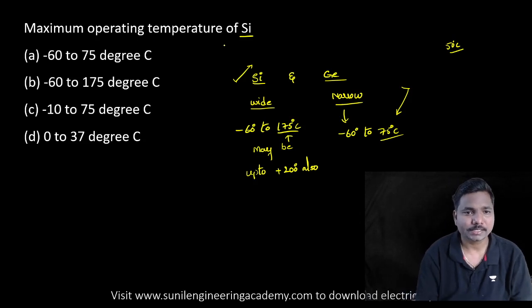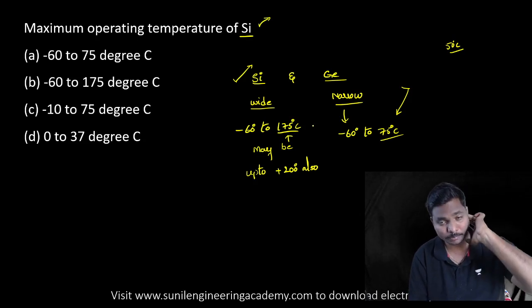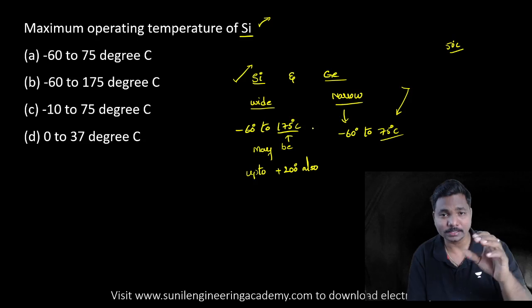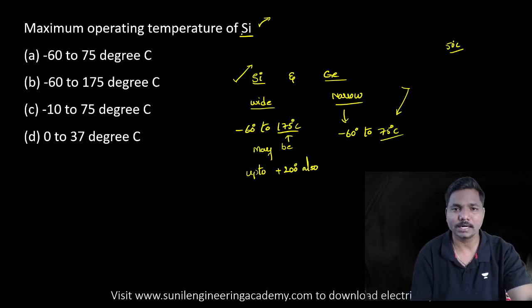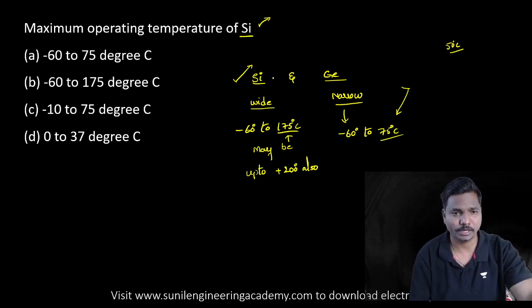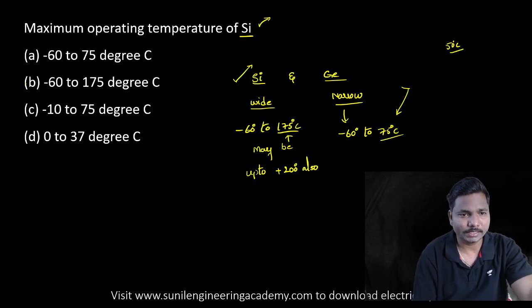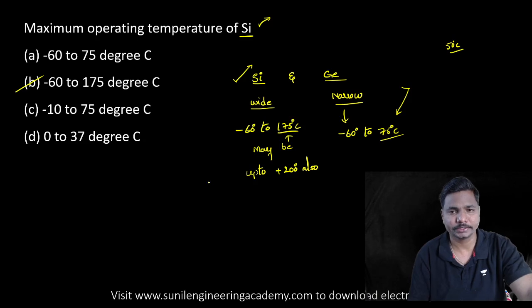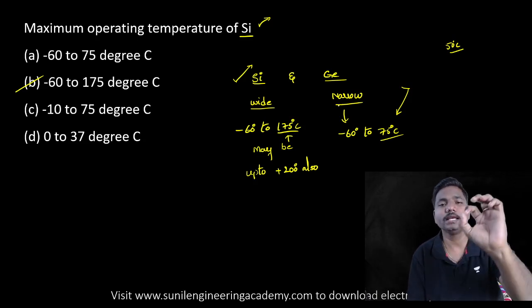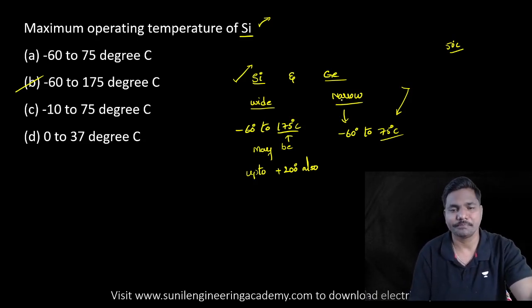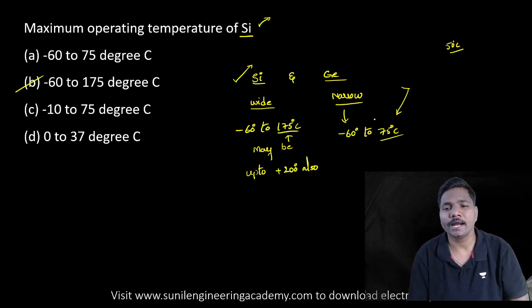Silicon is preferred mainly because of its availability. Silicon is easily available, low cost. So silicon minus 60 to 175 degrees. Second advantage, less leakage current. Third advantage, high power handling capacity.